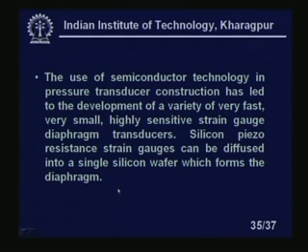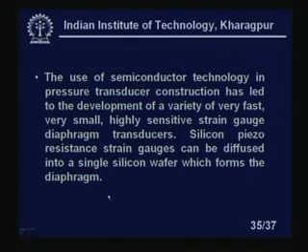Silicon piezoresistive strain gauges can be diffused, because as you know, in the case of semiconductor strain gauges, the piezoresistive effect is more, right. So, silicon piezoresistive strain gauges can be diffused in a single silicon wafer which forms a diaphragm.